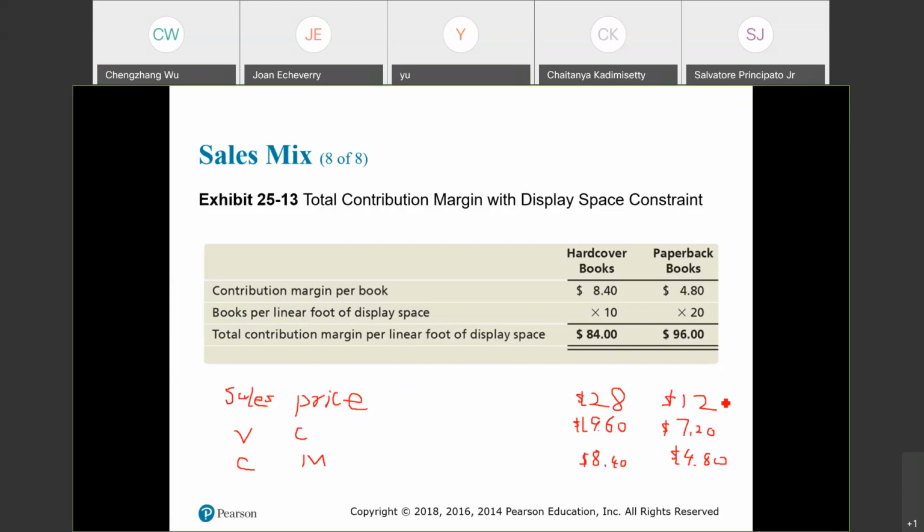So this part of the slide shows the total contribution margin with these place-based constraints. And we know the management has determined that each linear foot of bookshelf can display 10 hardcover copies or 20 paperback copies.